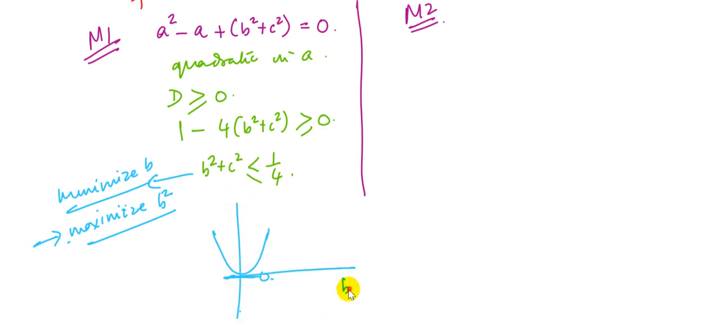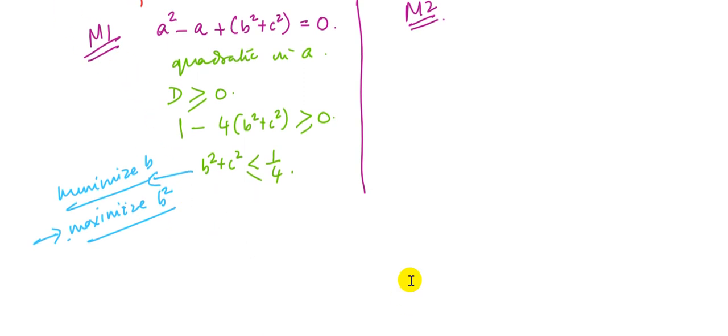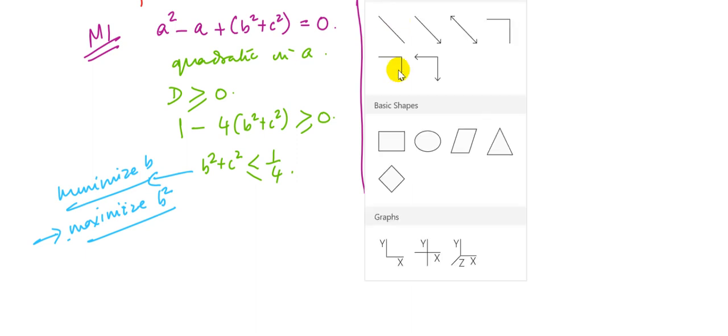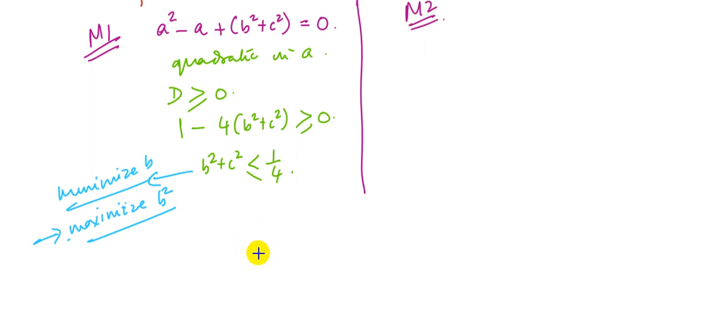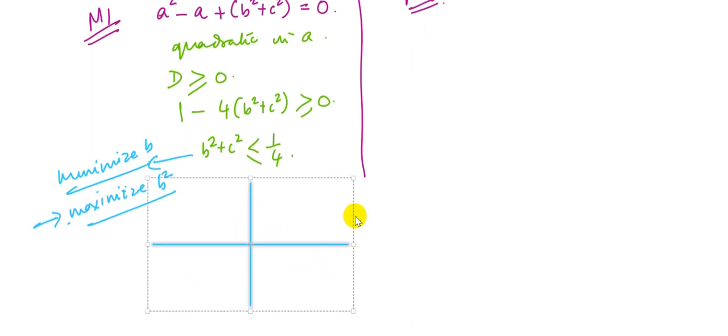If I draw the graph of b versus b square, what will the graph look like? When b is 0, b square is 0. See, you have to be very, very clear about these concepts. They are very, very important concepts for exams like these. Basic concepts.